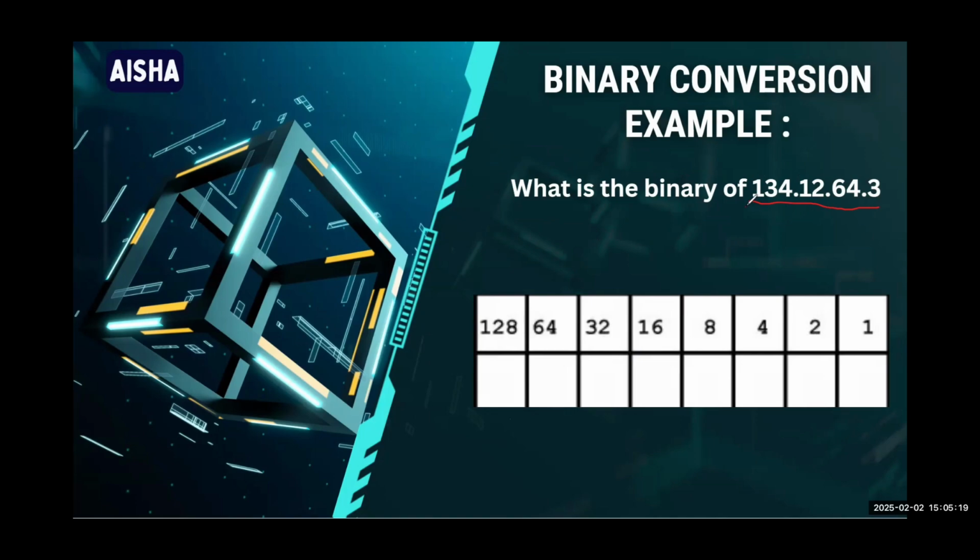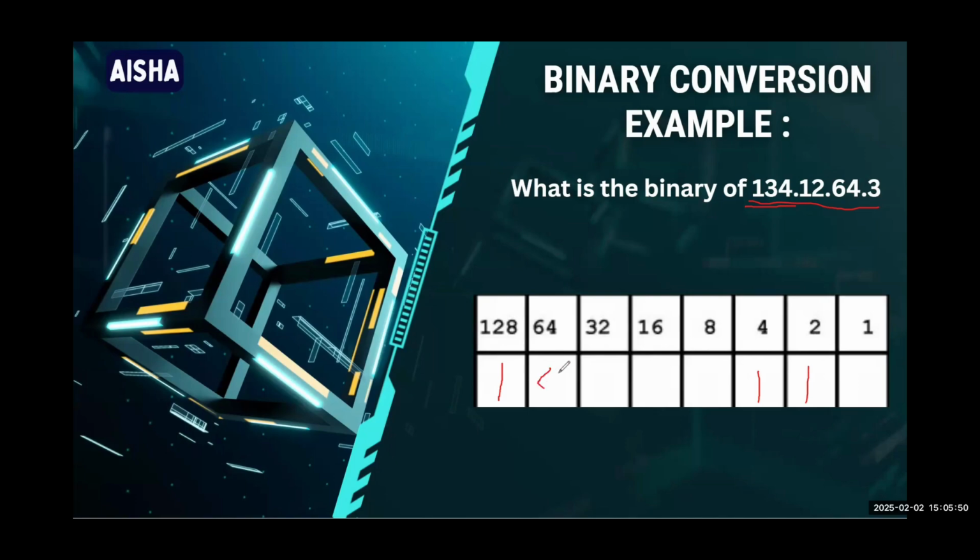So let's first do 134, okay? First we do 128. 128 plus what equals 134? 128 plus 4 equals 132, then plus 2. So 128 plus 4 plus 2 equals 134, okay?